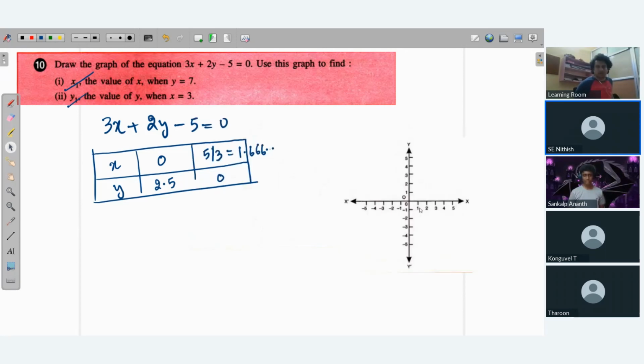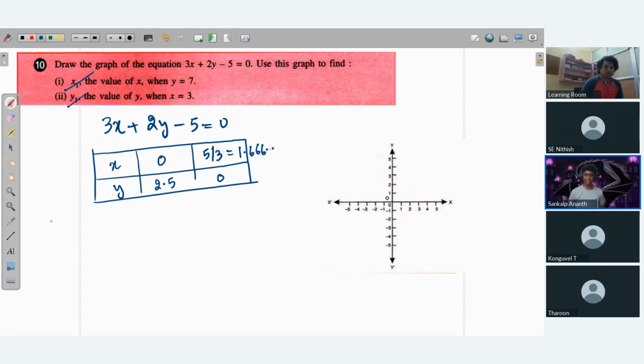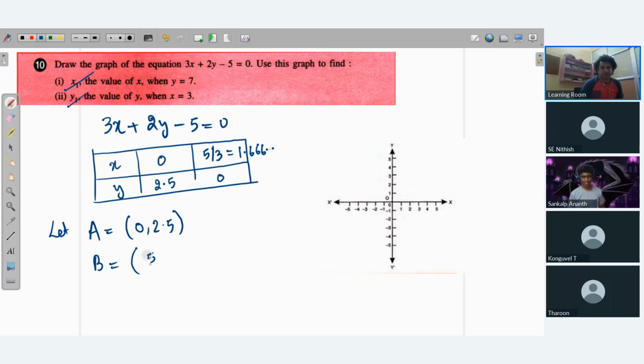We can just take y as what, sir? Then we can take it as 2.5, let A be 0, 2.5 and B be 5 by 3 comma 0. So as you know that 0, 2.5 is going to be available here.